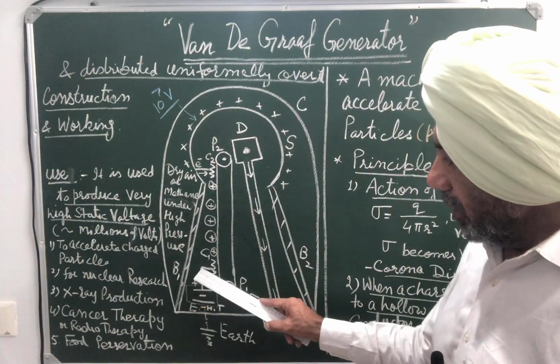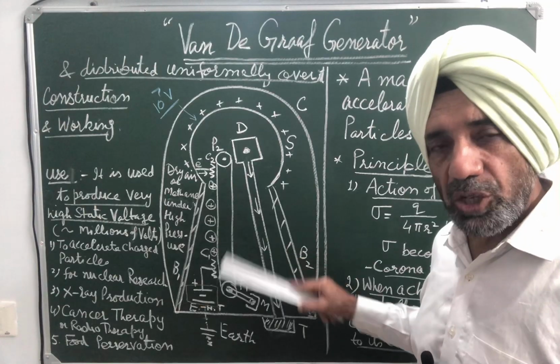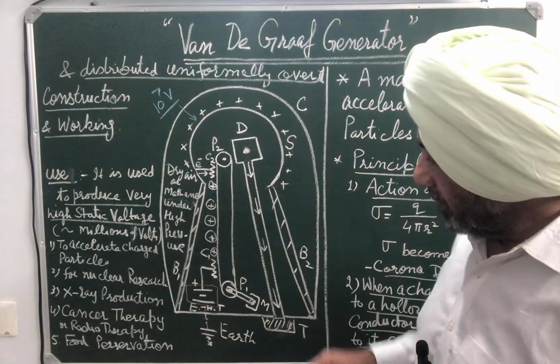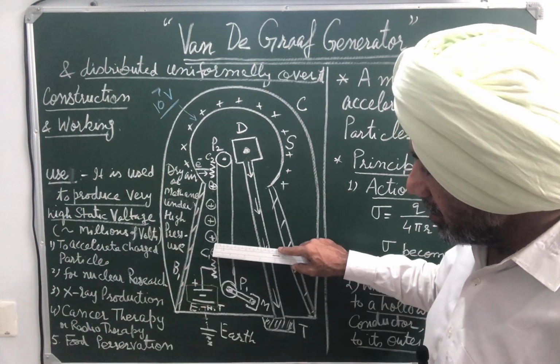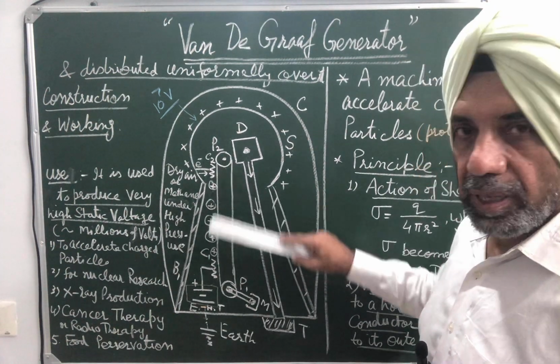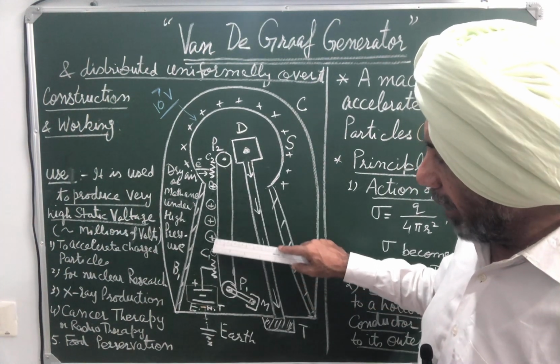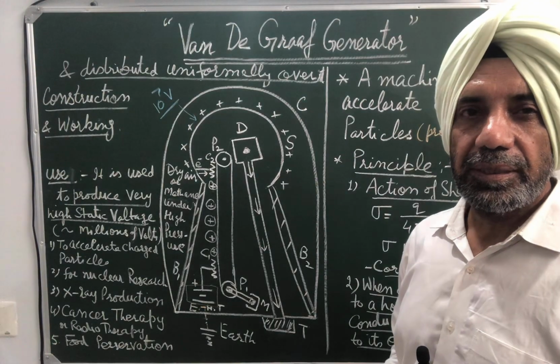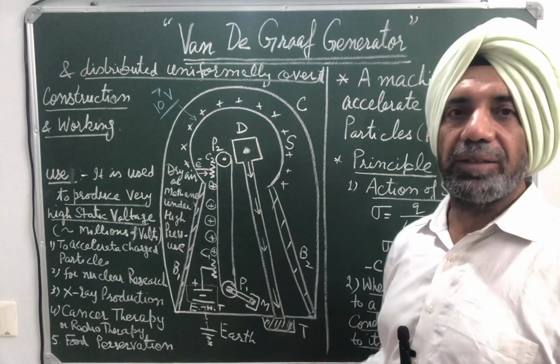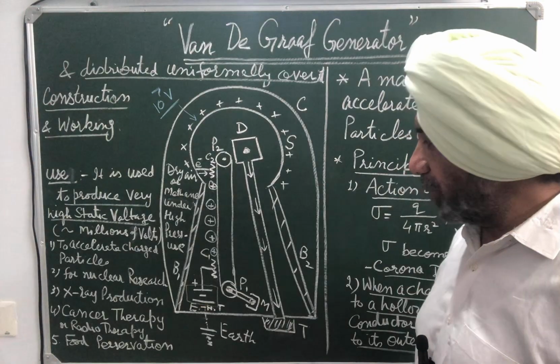In other words, comb C1 sprays out positive ions, and these positive ions start going up by riding on the belt in accordance with Bernoulli's principle. What is Bernoulli's principle?